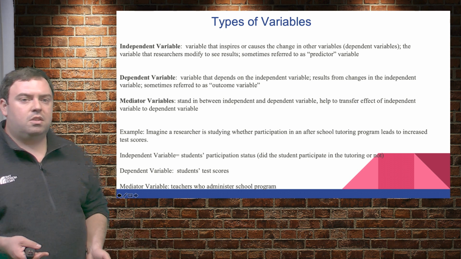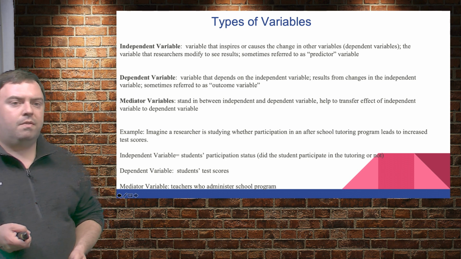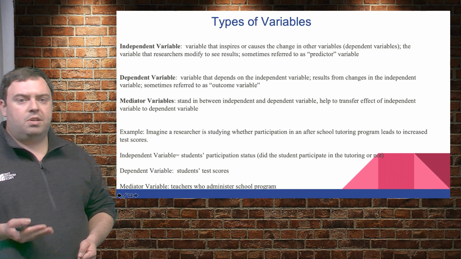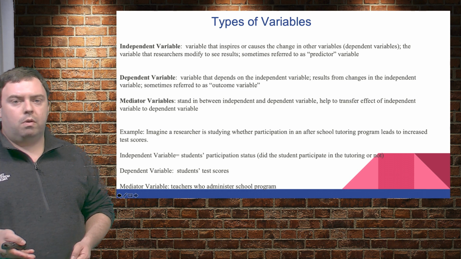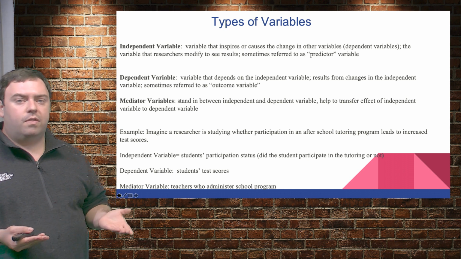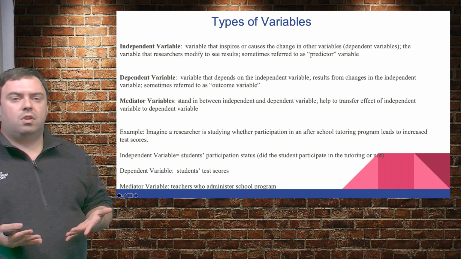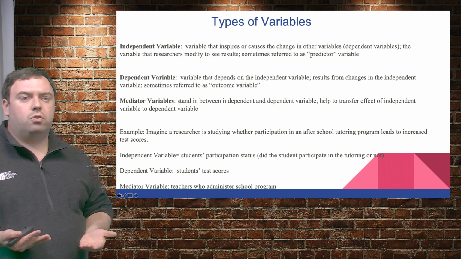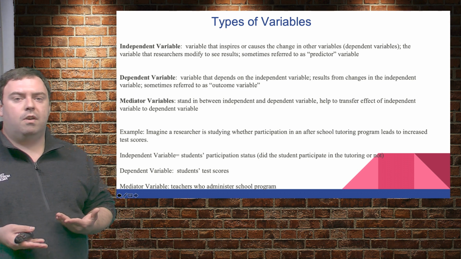In that situation, the independent variable would be student participation in the after-school program. That is not affected by other variables. That's on its own. Students choose to participate in the after-school program, and that's its own variable on its own.